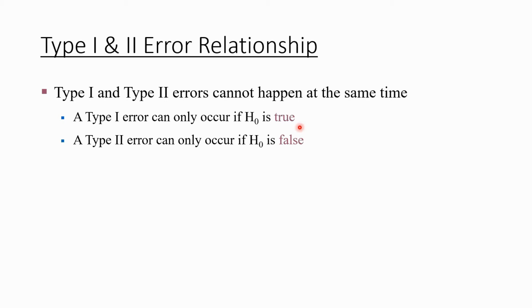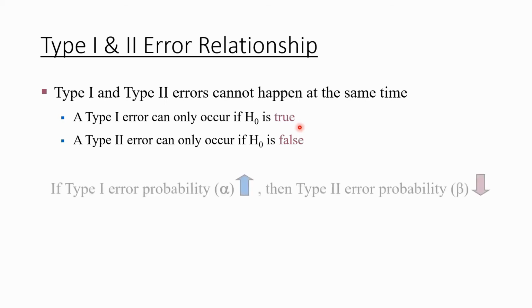Type 2 error is where you do not reject your H0 when H0 is false. So these two cannot occur at the same time. But if your type 1 error probability increases, the key thing to keep in mind is your type 2 error probability, beta, decreases.